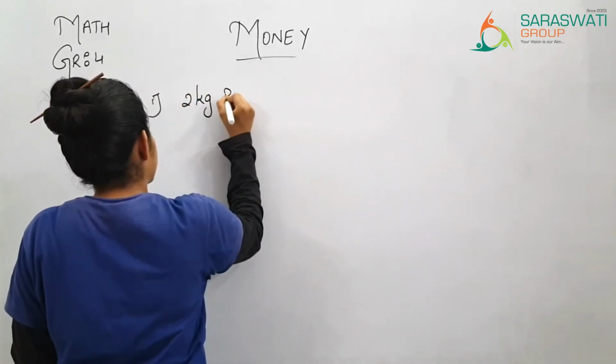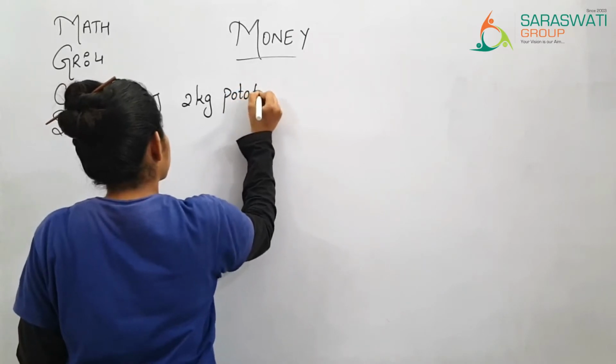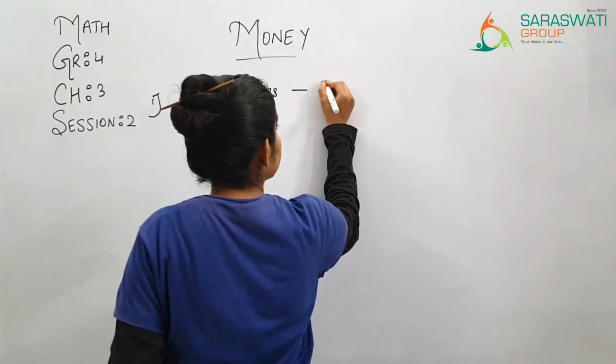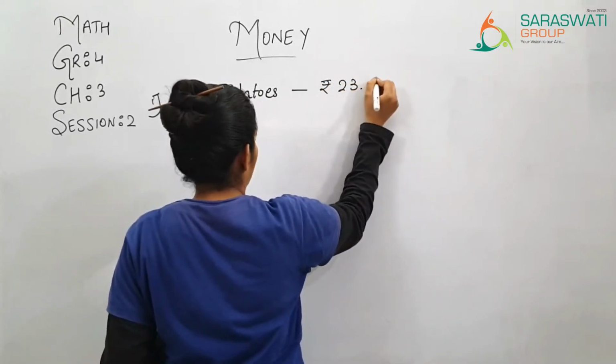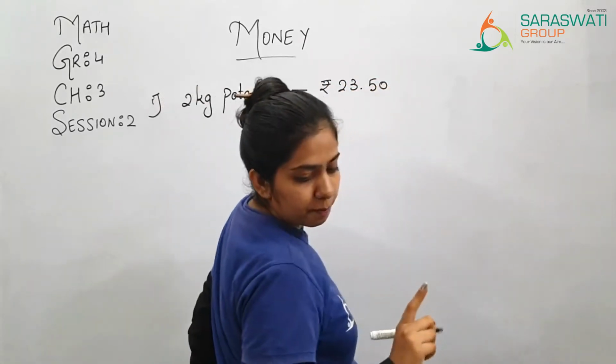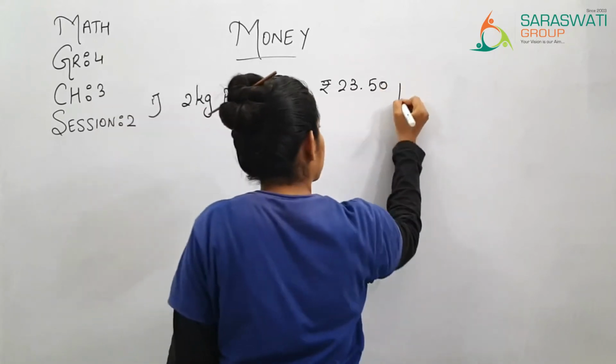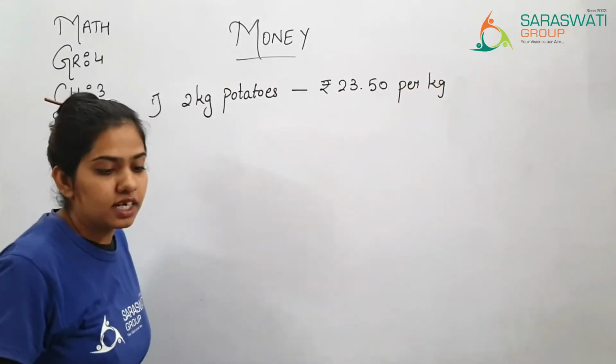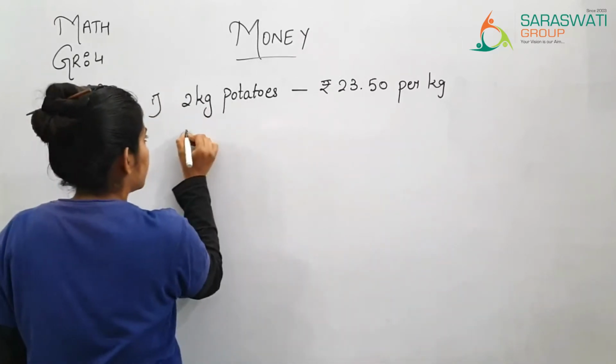2 kg potatoes and its price is rupees 23.50 per kg. Right? Then comes 3 kg tomatoes.